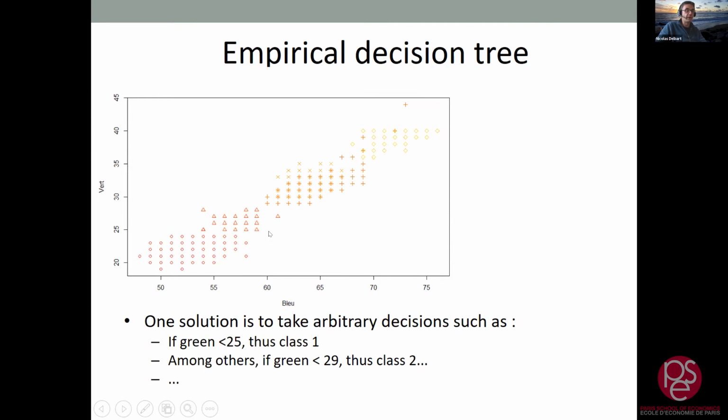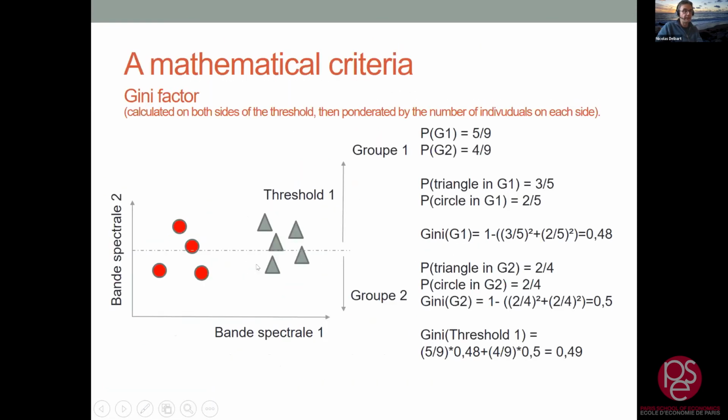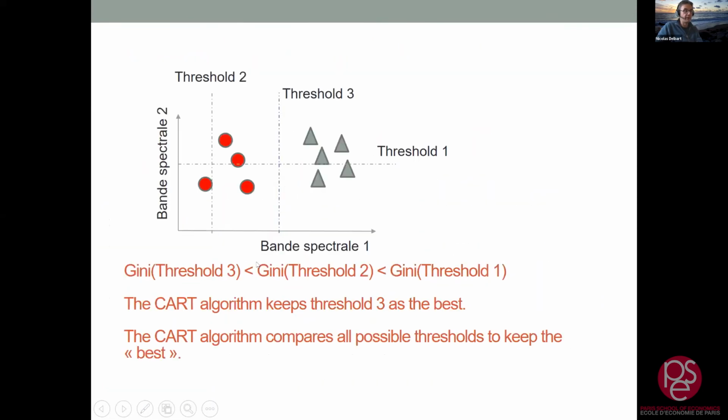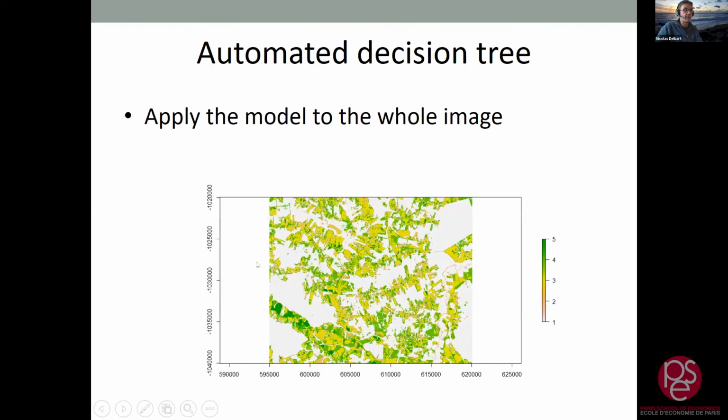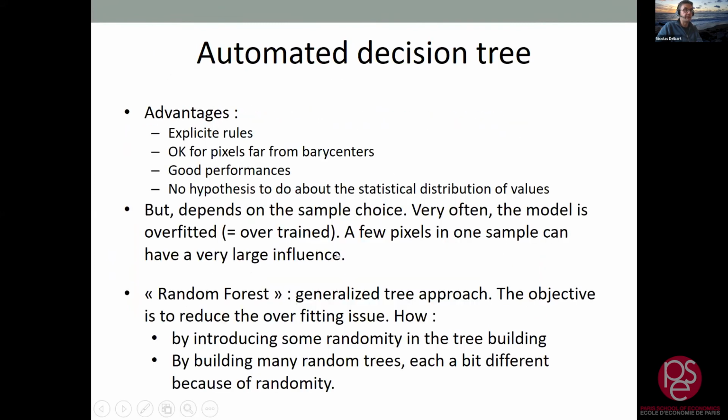And it will affect the other class, the class 1. So this is what is called overfitted. It means it aims at considering all possible values.